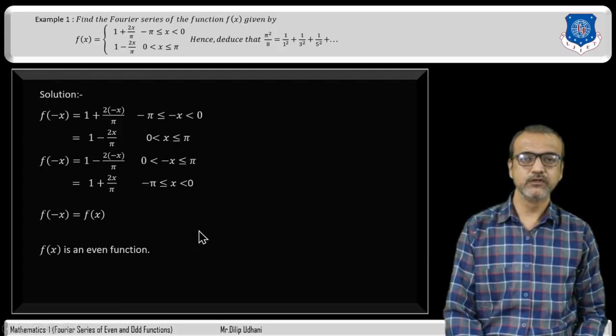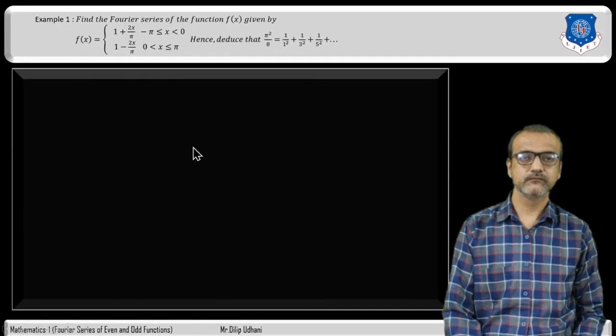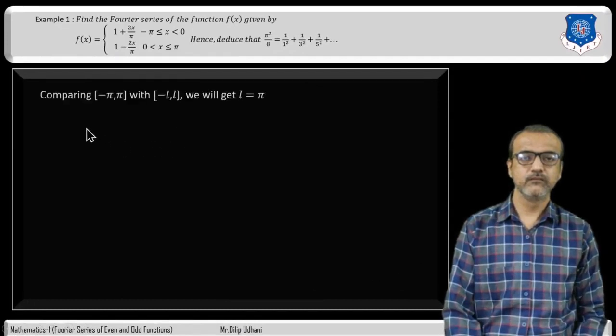So if f of x is an even function, then in that case we have to find out a0 and an only, and bn will be 0. So we have bn equals 0. Now comparing minus pi to pi with minus L to L, we get L equals pi.